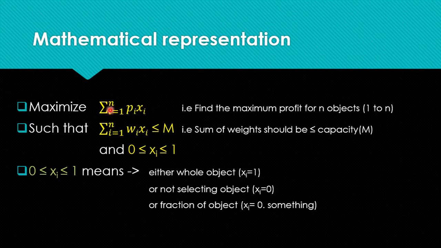Mathematically we can represent it as: the maximum profit will be the summation of Pi xi from i equal to 1 to n, such that the summation of Wi xi from i equal to 1 to n should be less than or equal to capital M. So the addition of it should not overflow the knapsack capacity, and xi is greater than or equal to 0 and less than or equal to 1.